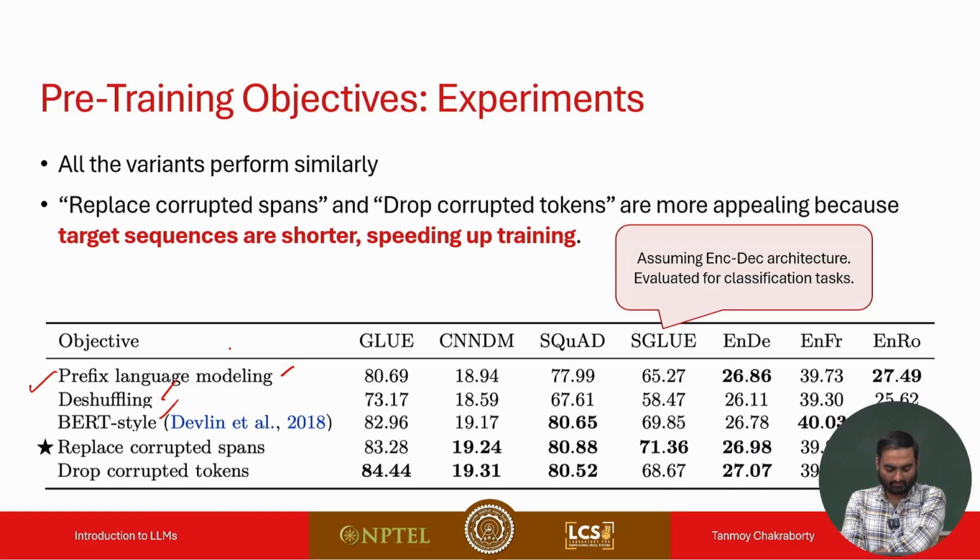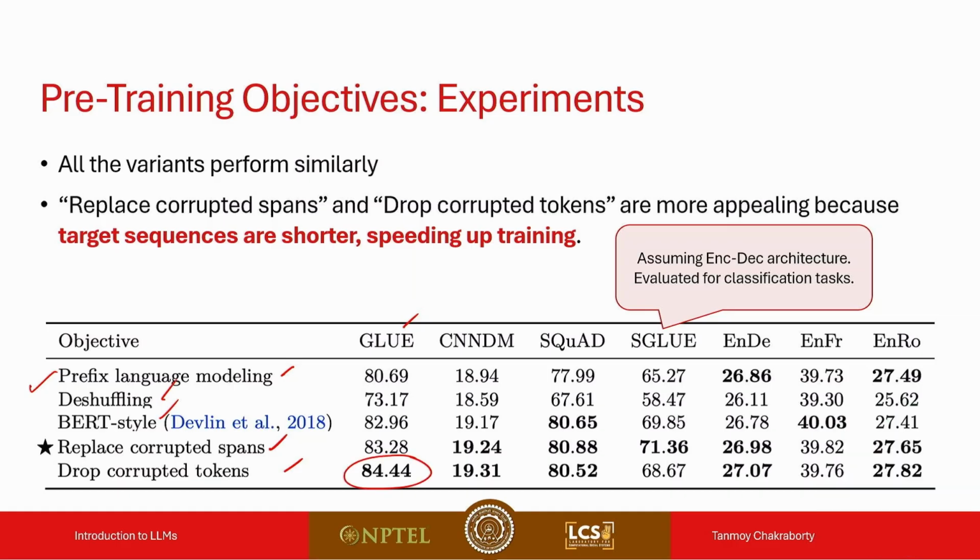Reshuffling, BERT style masked language modeling, replace corrupted span, and then drop corrupted token, right? And you see here that in most cases, if you look at GLUE, dropping an entire token helps, right? Here also this is better, this is better, right?